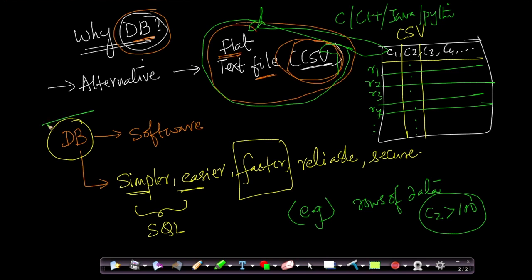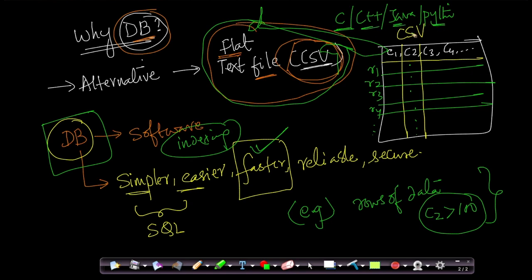A database uses some very interesting software tricks called indexing to make this type of retrieval of data way faster, right? Also, to retrieve this data, you need to be a good programmer because you need to first load the data in C, C++, Java or Python. And you need to explain how to actually obtain these rows.